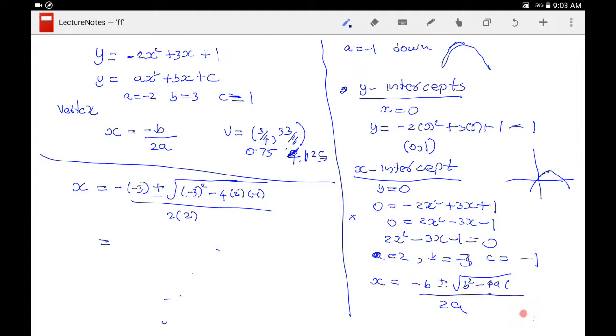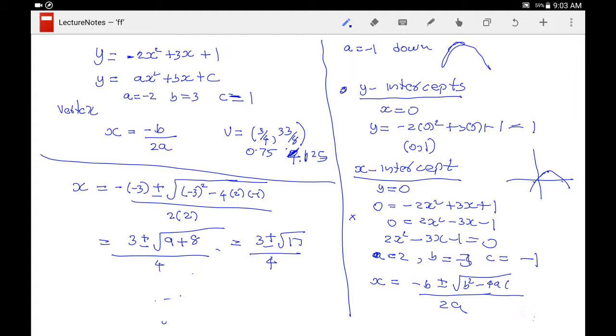Now minus times minus is positive, 3 plus or minus the square root of 17 over 4.